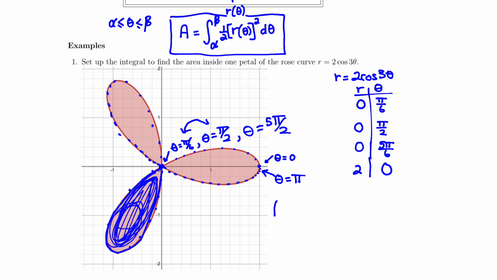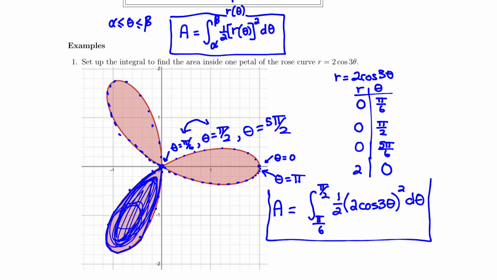So one way to get the area would be to use the limits pi over 6 to pi over 2, and then our formula up top, which is 1/2 r squared, where r is 2 cos 3 theta.